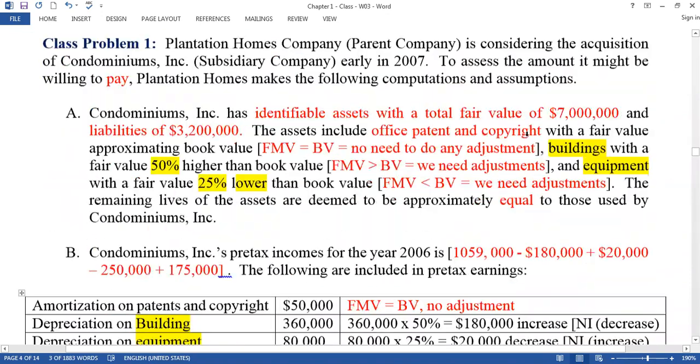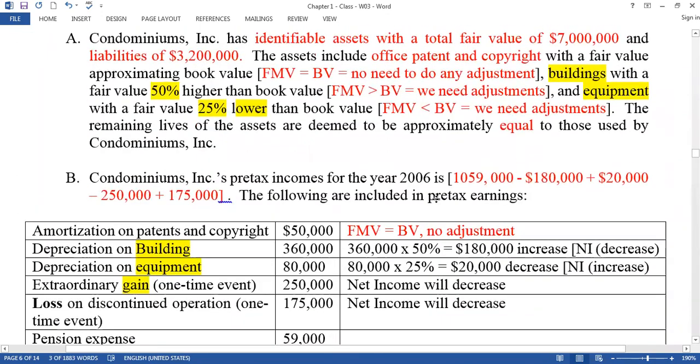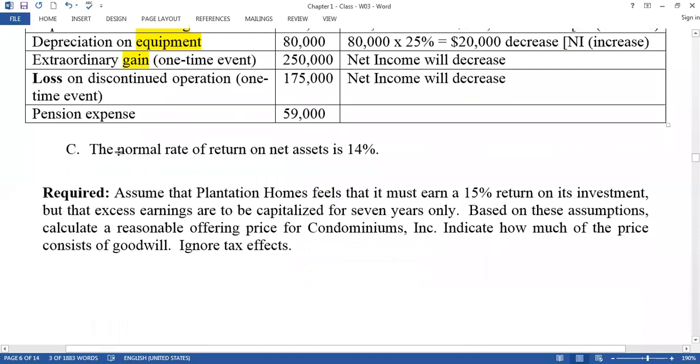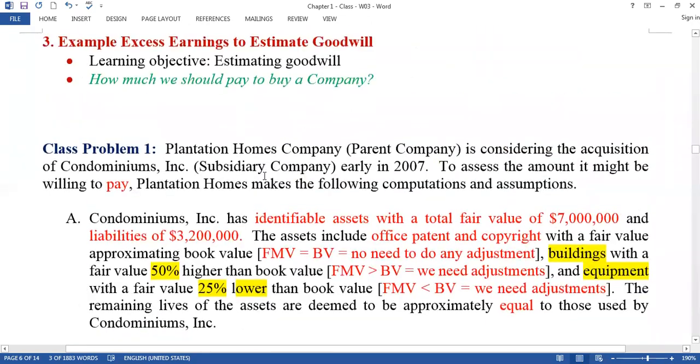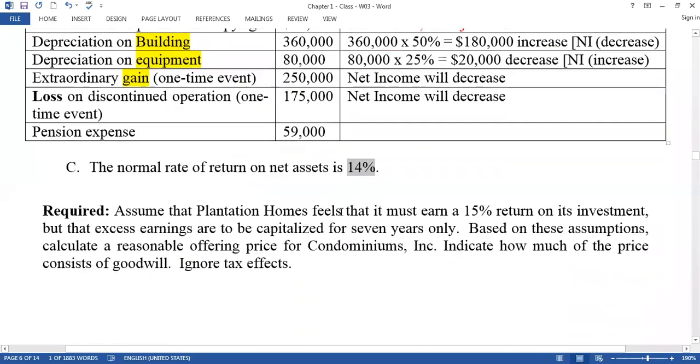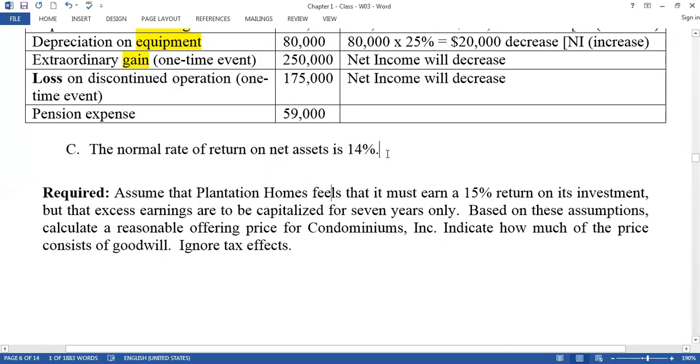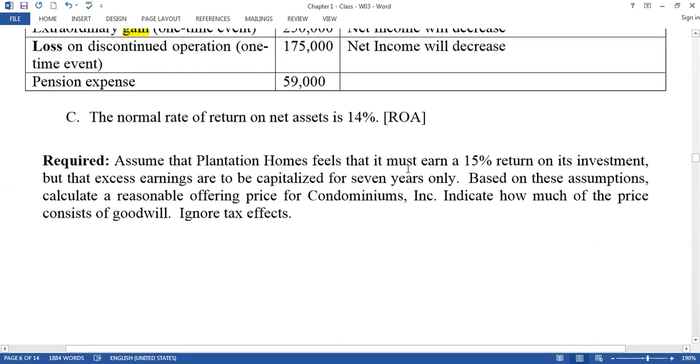So this is the adjustment based on the question. Then the normal rate of return on net assets is 14%. So they said that this is the company and their normal rate of return on assets, ROA, is 14%. This is step one, right?